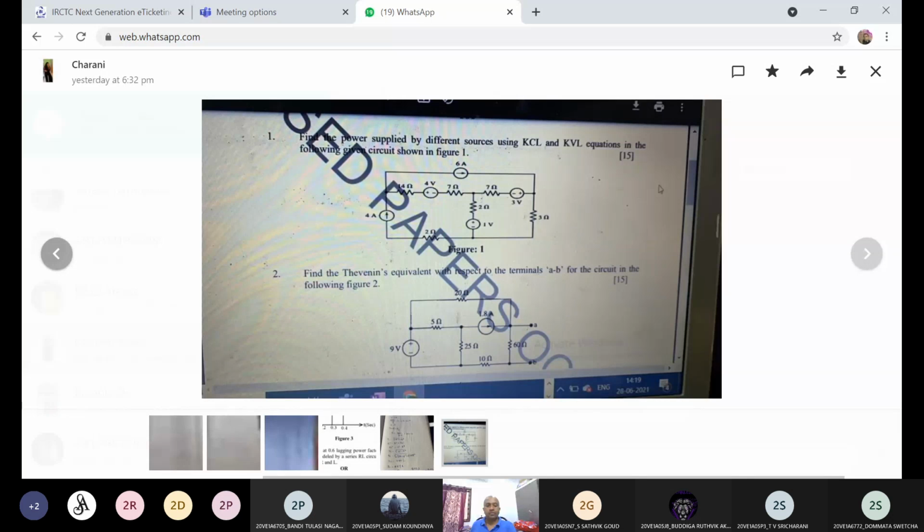Then just do that, and send it to me, okay? Yes, sir. So Thevenin's equivalent, only resistance RTH we have to calculate.